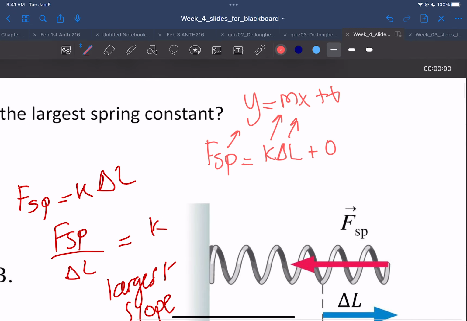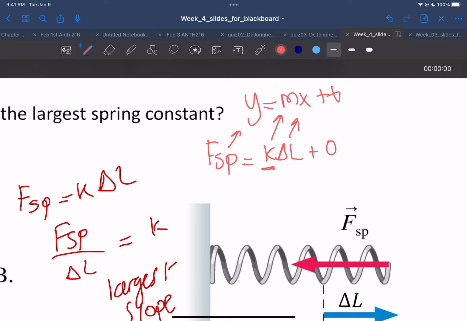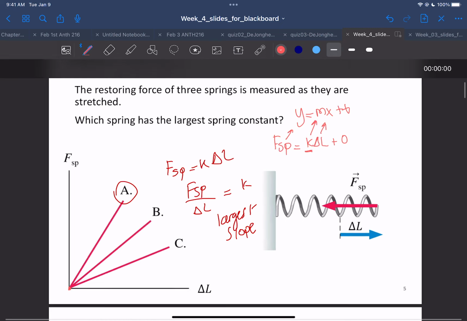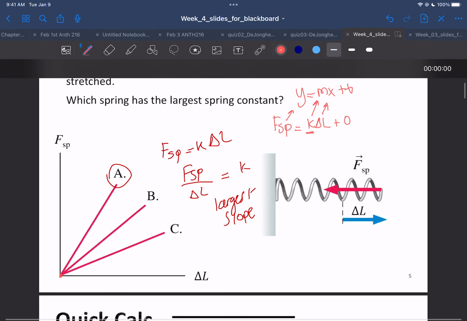So that's fine. Now, based on this relationship, we're assuming k to be the slope. If they're asking us which has the largest spring constant, then we're looking for which one has the largest slope. A larger slope means you're going to have a steeper line or curve, and a smaller slope means a shallower line or curve.